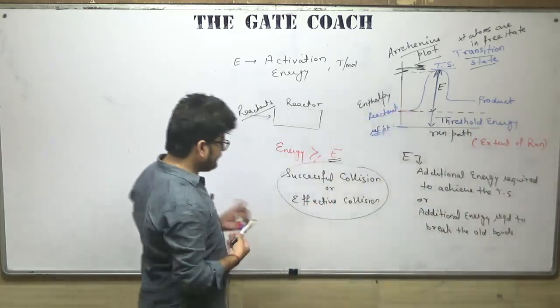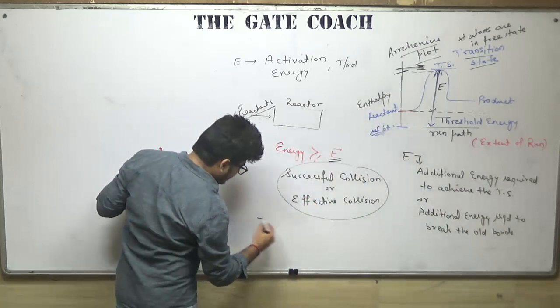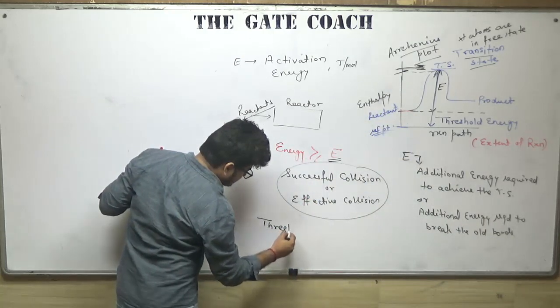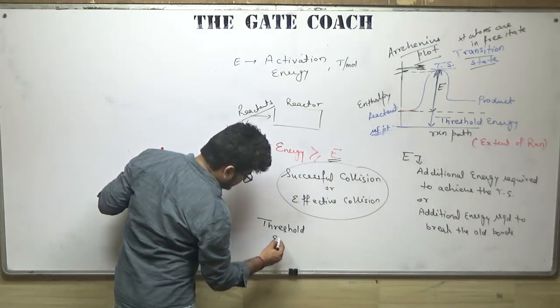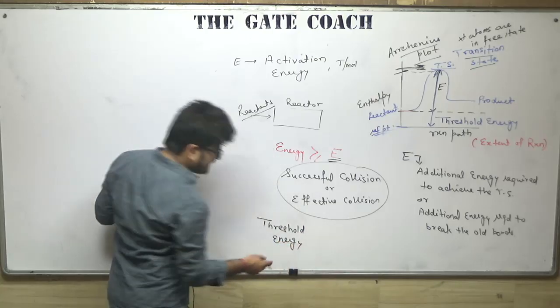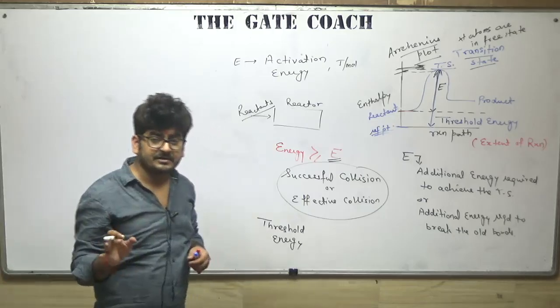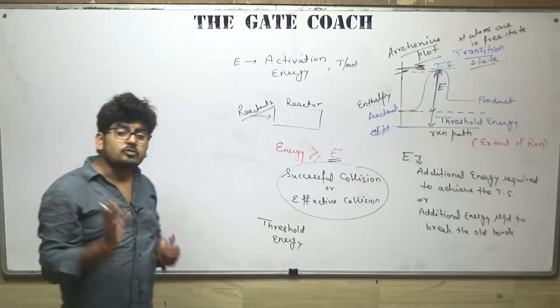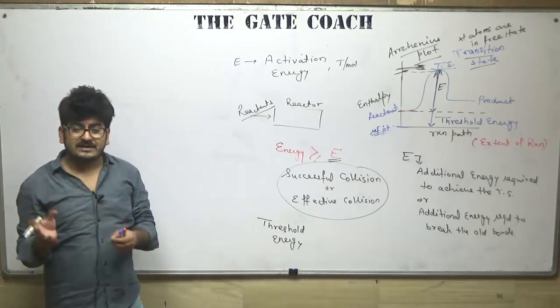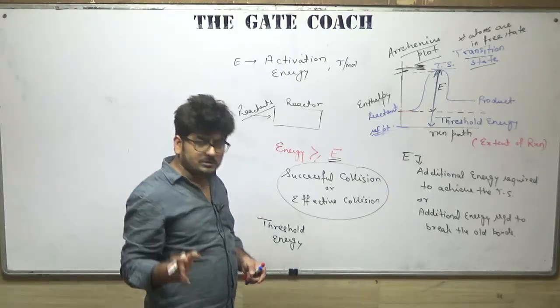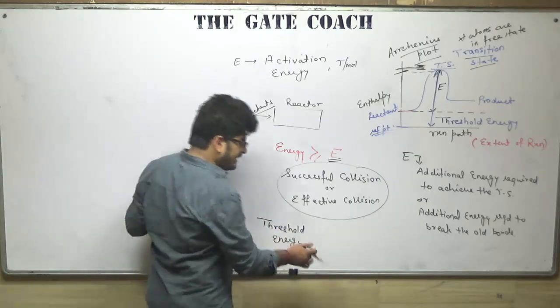And mathematically, you can write it as threshold energy, that is the total energy required to achieve the transition state, or you can say the total energy required to break the old bonds is called threshold energy.